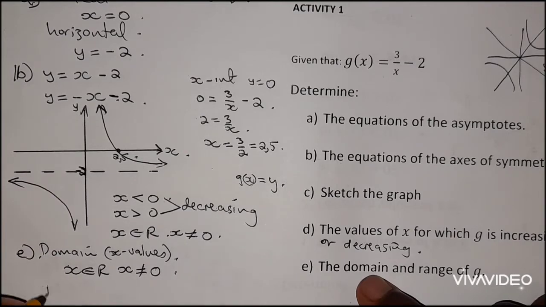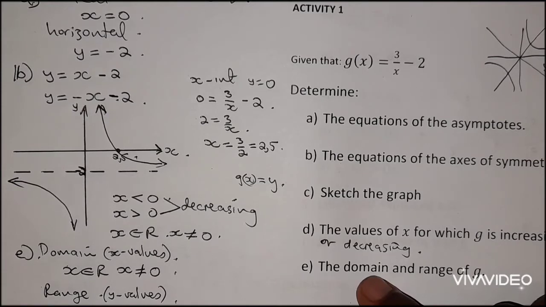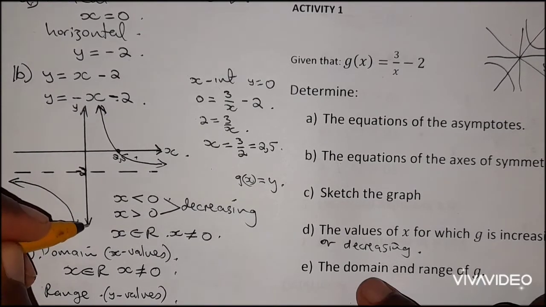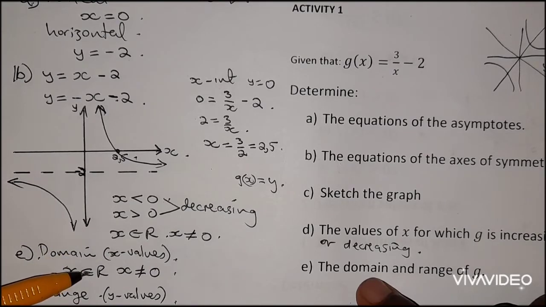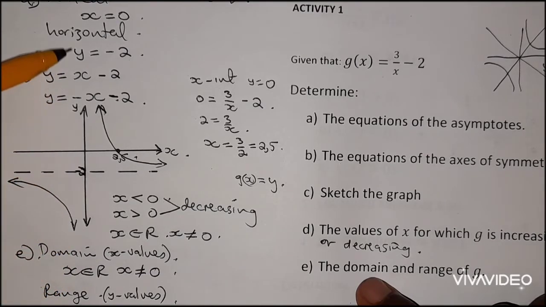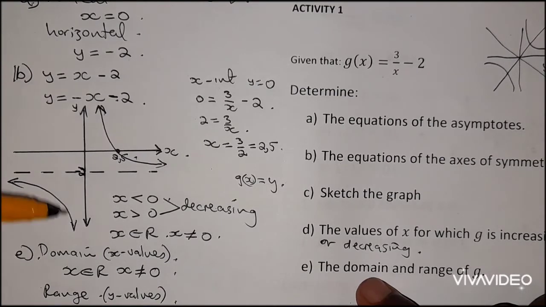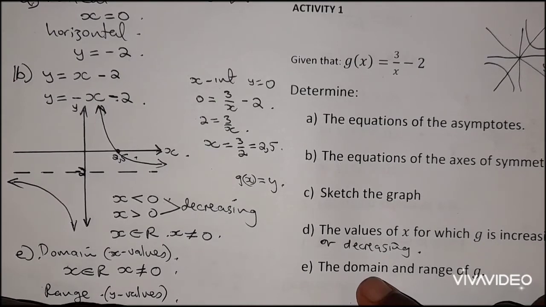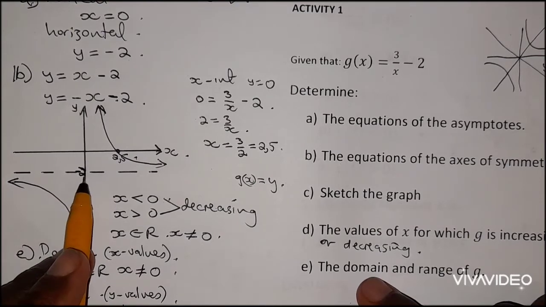And then range. Our range is the y values. And our y values, remember, they come from down there, negative infinity, going up all the way to positive infinity. So we can say y is an element of R. That is, all the numbers on the y-axis satisfy our function, of course, except for the point where y is equal to -2.